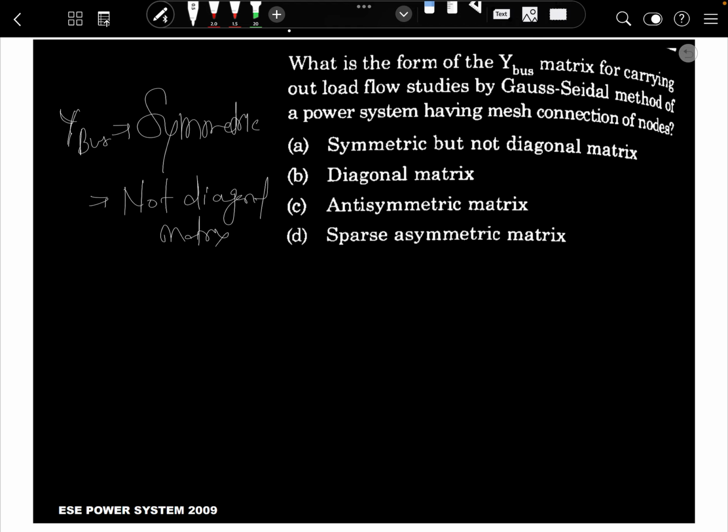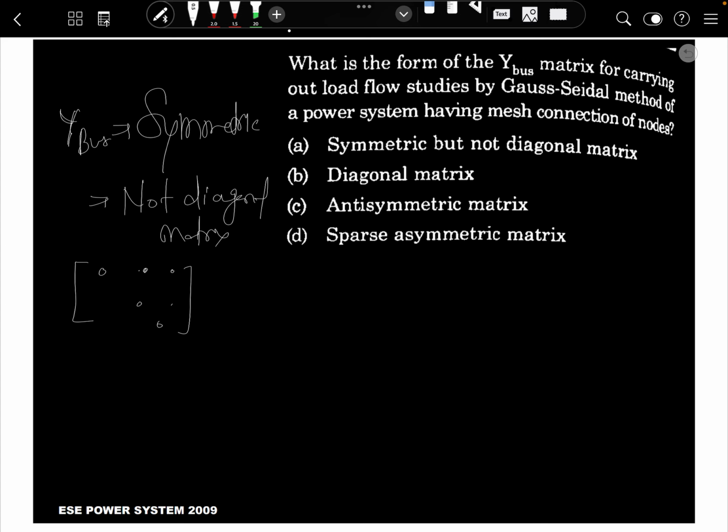Diagonal means only diagonal elements are present and others are 0. This is never a Y bus. You will see diagonal elements are present with some values, and some of the other values also present.